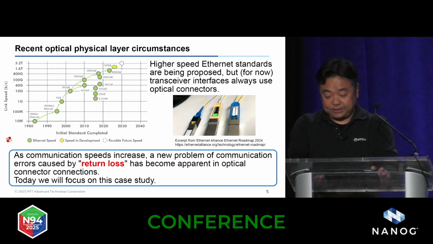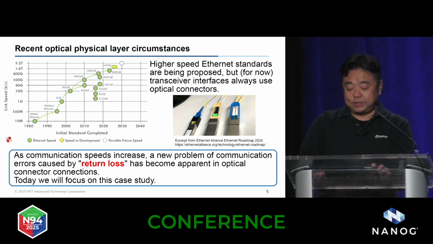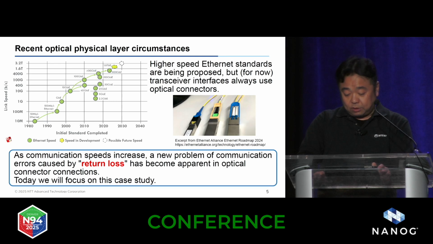Optical connectors are always used for the transceiver interface of each standard, making optical connections unavoidable. With these optical connections, new problems are becoming apparent as communication speed increases. Today, I will focus on the problem of communication errors caused by return loss.